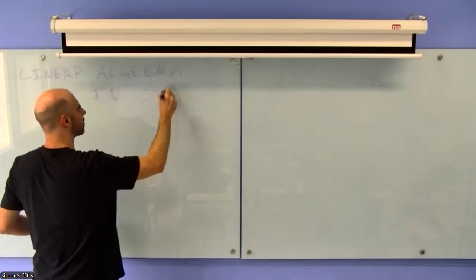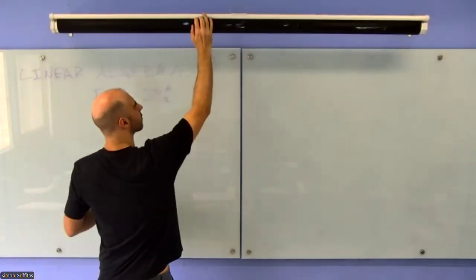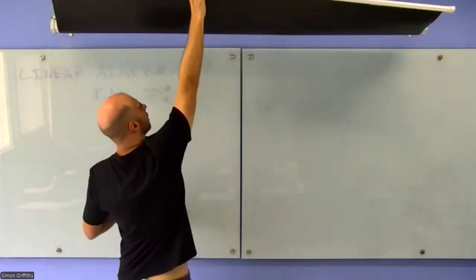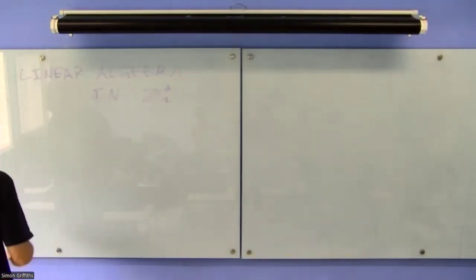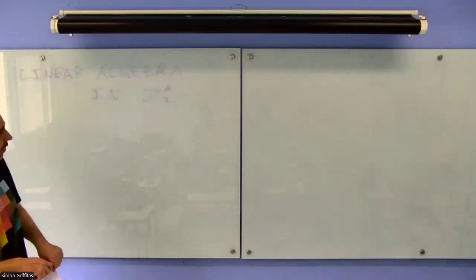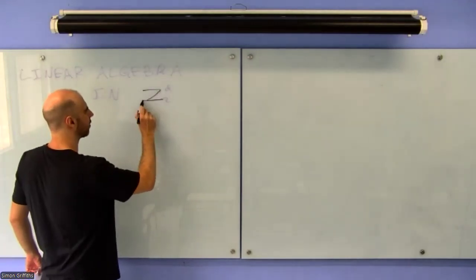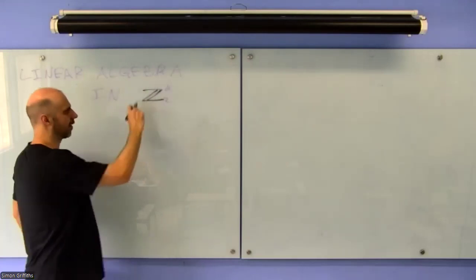Z2 to D. A lot of people write F2 instead of Z2, and they're probably right because you should think of it as a field or something. I like Z.